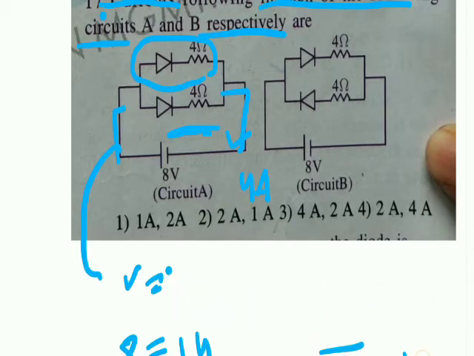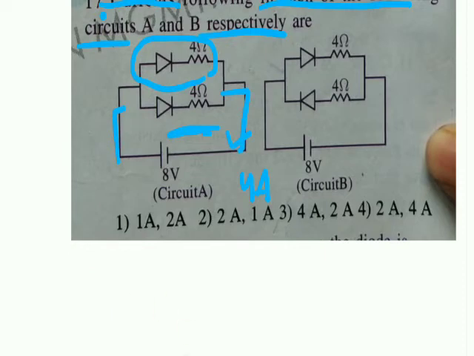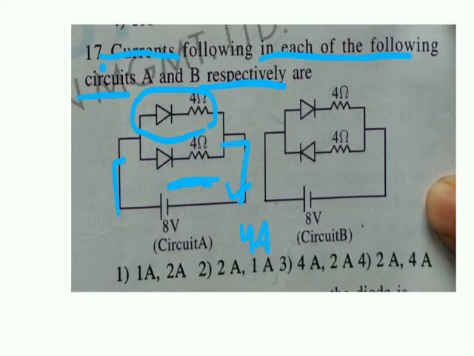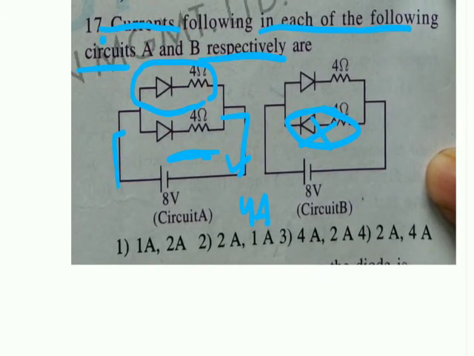Again we calculate the second circuit also. From the second circuit, one diode is forward bias, second diode is reverse bias. Down diode is reverse bias because it does not allow current through. So current passing through the down diode is equal to 0, then only we calculate the upper diode, nothing but forward bias diode.